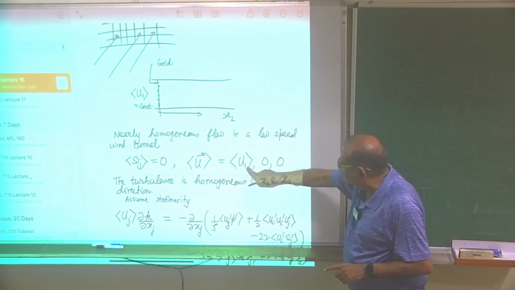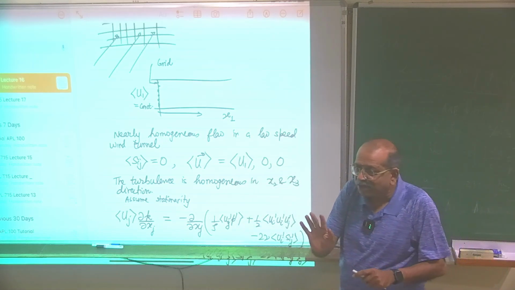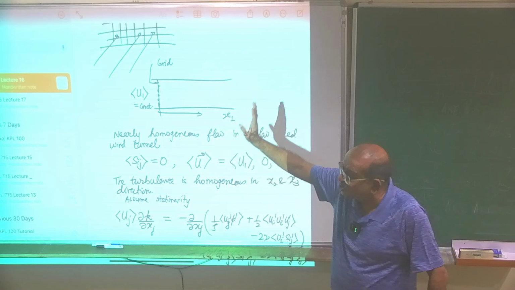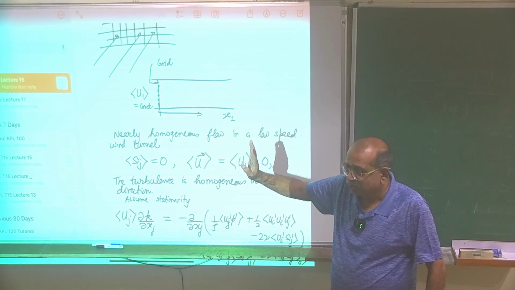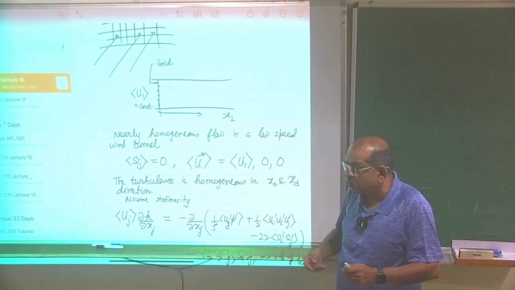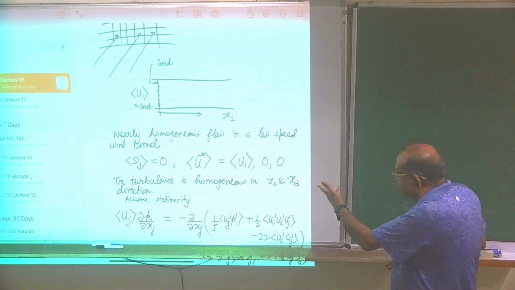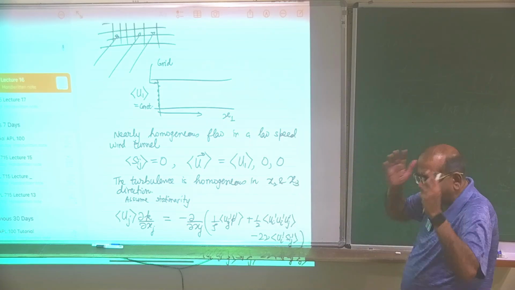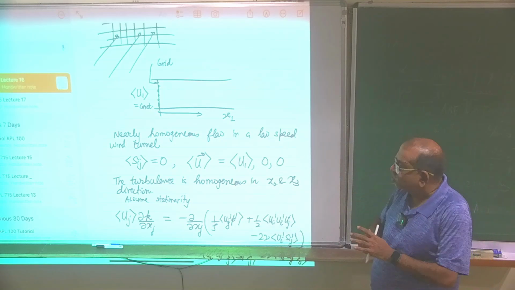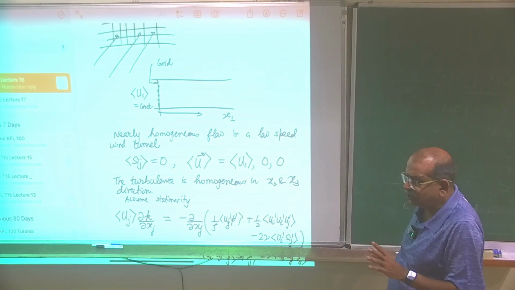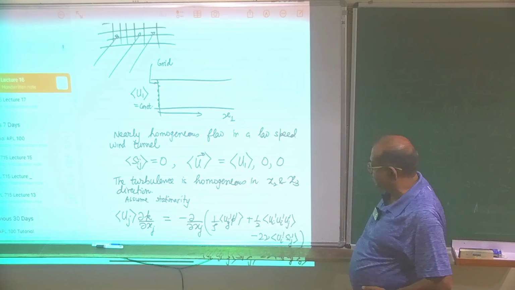So keep in mind that this U1, even for constant U1, some physical source of energy is needed. Otherwise the U1 will also die down. Okay? So this is not given in the book, this is not specified anywhere, but we should keep that in mind. So that is how the mean of U1 is generated.